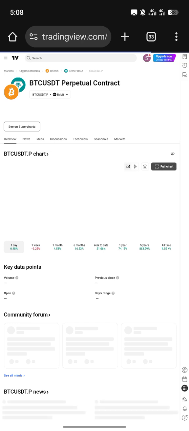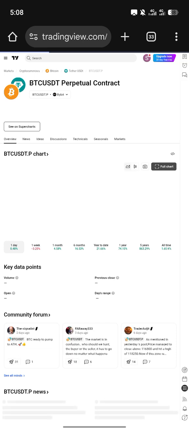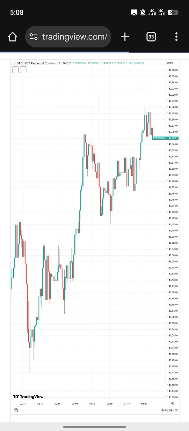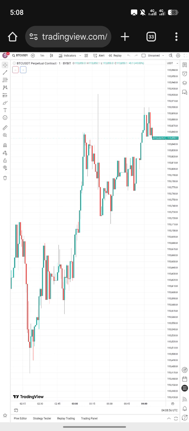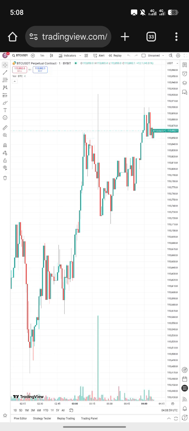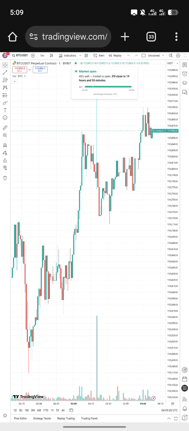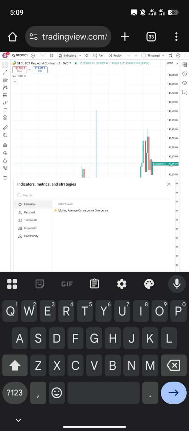We have our chart. All right, you can either use your phone to analyze or whatever you want to use. Whichever one is okay. We only use our PC for a bigger view.